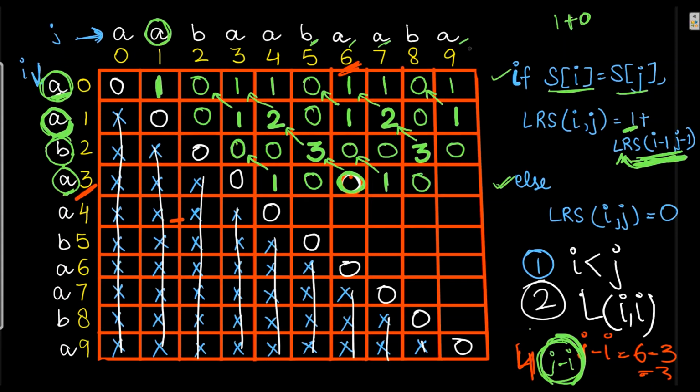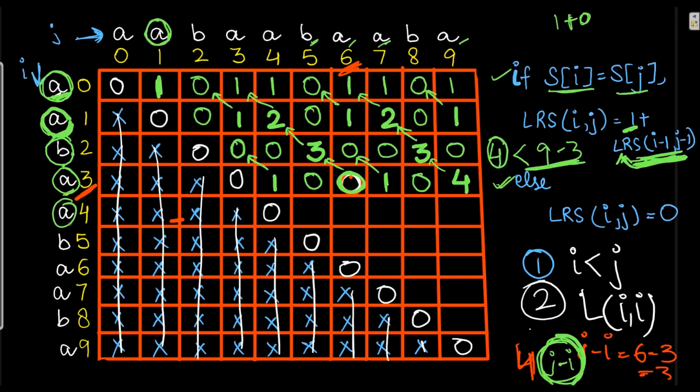Is A matching with A? 1 plus here this 3. This is 4. So I need to check whether 4 is greater than j minus i. j is 9 minus 3. So 9 minus 3 is 6. So this value comes within this j minus i. So I'll put 4 over here.